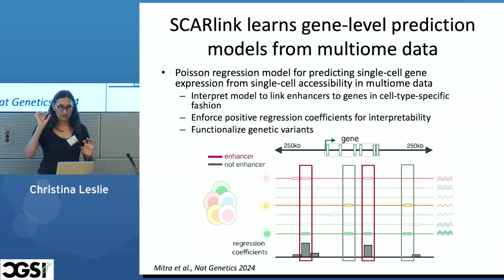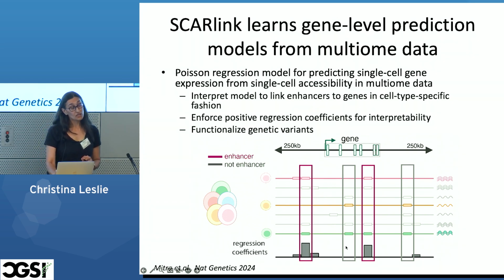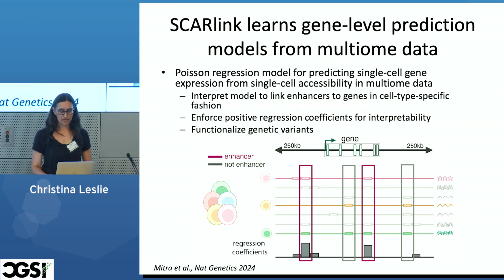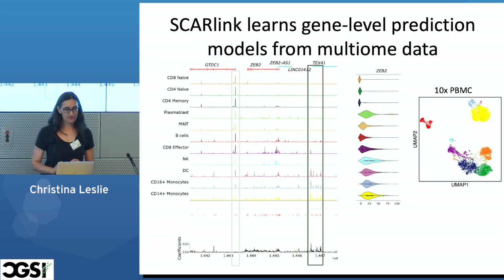You have to do a few things in terms of normalization correctly for all of this to work, but it's very simple, okay? And at the end of the day, you get regression coefficients, and you can then take the model and do Shapley value analysis per cell type to find cell type specific enhancers. Okay, so let me tell you that quickly and not go over time.